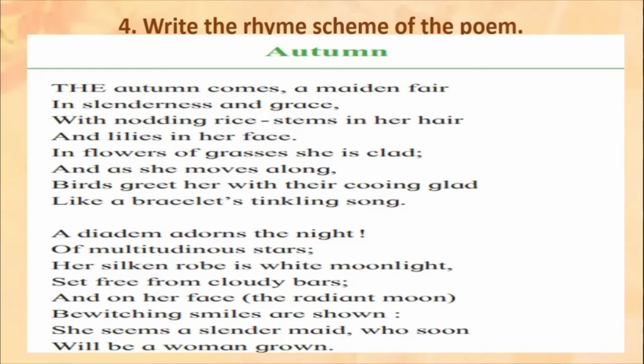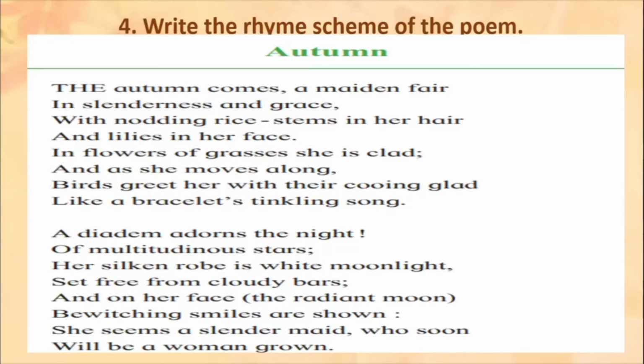So the last sounds of two words, when they sound the same, then they are called rhyming words. So when you're writing the rhyme scheme of any poem, you are actually trying to write which words or which lines in the poem rhyme with each other. Now it is not necessary that all the last words in the poem will have the same sound. They may have different sounds, isn't it? So there may be different rhyming pairs in a poem.